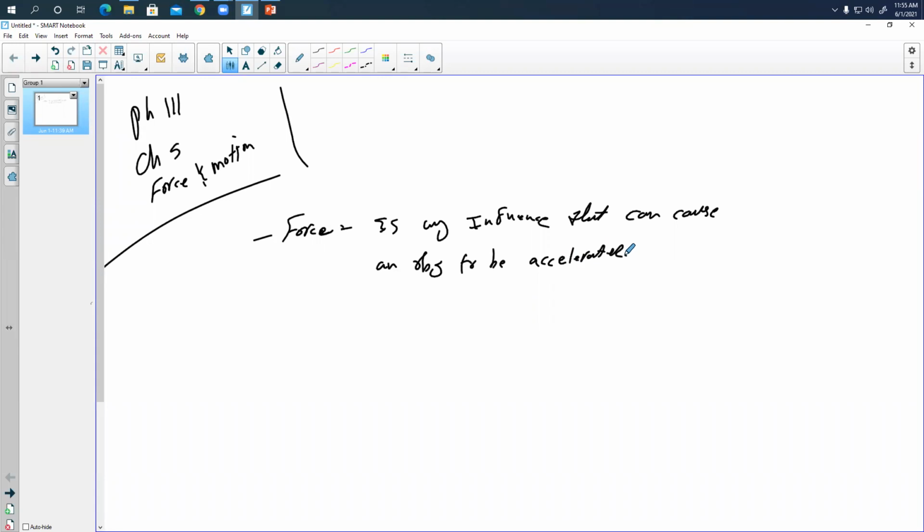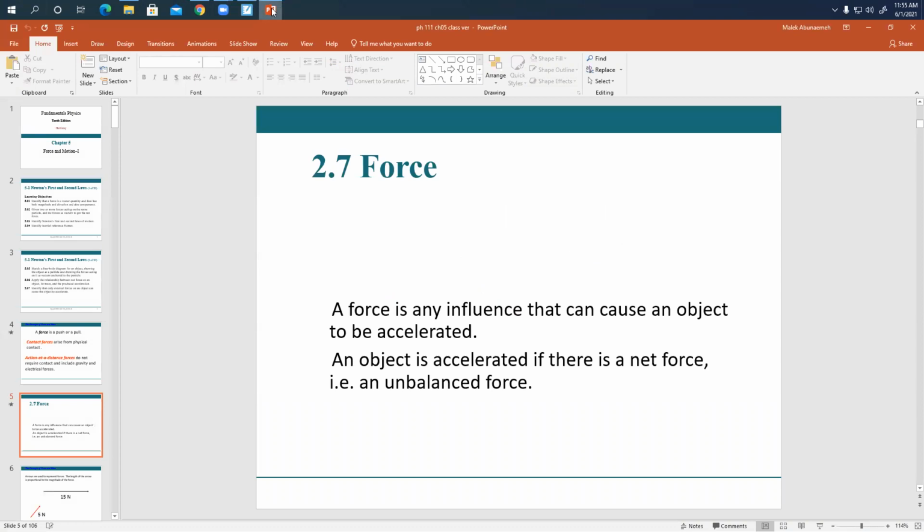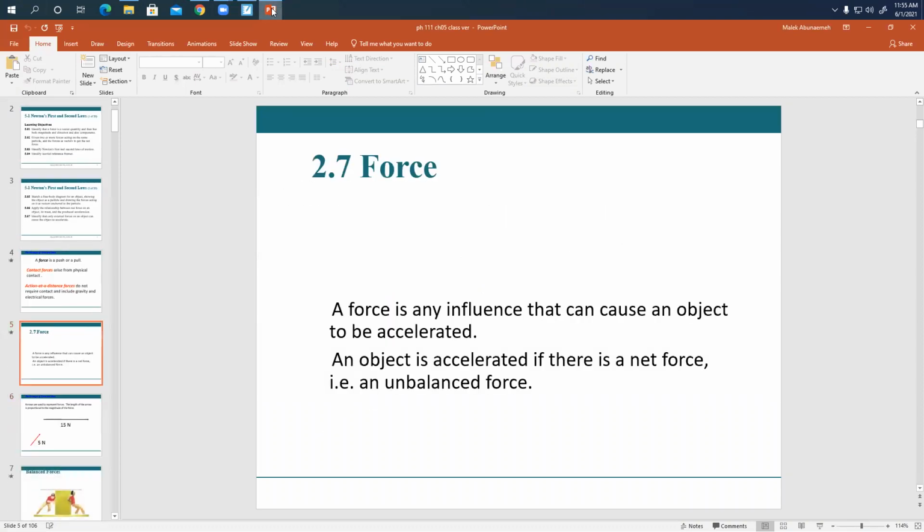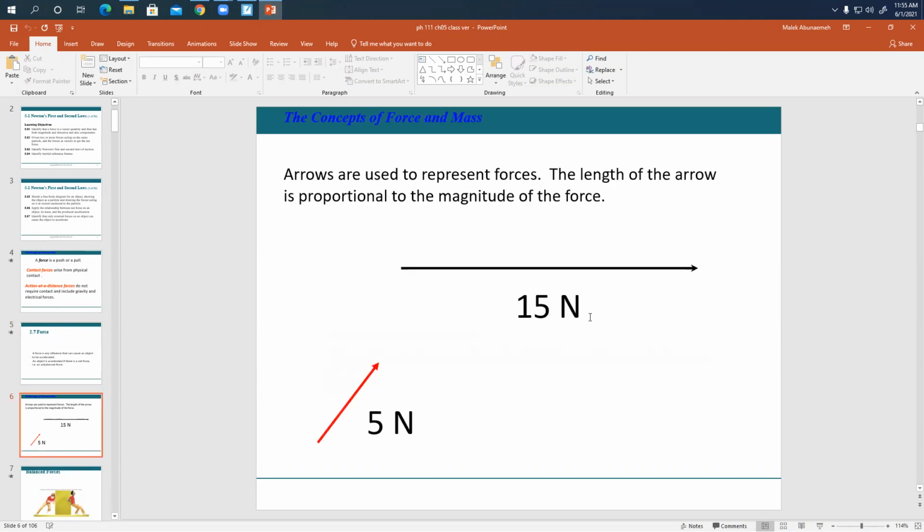How can an object be accelerated? It means you have unbalanced forces. So if an object is accelerated, there's a net force, that means you have unbalanced forces.